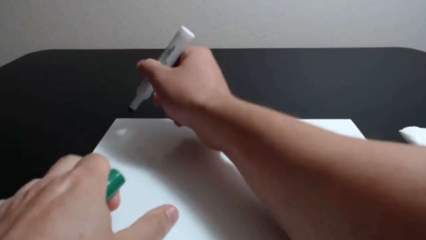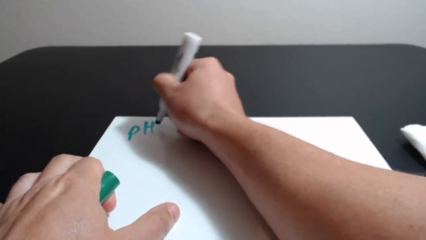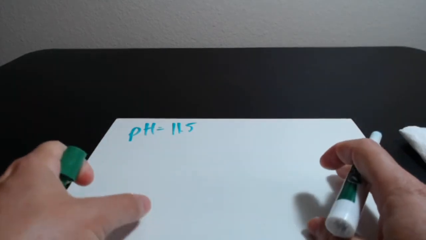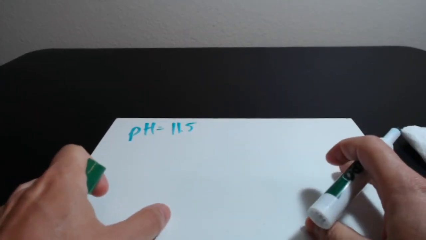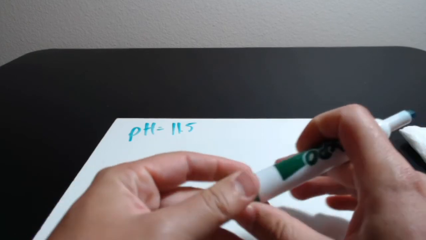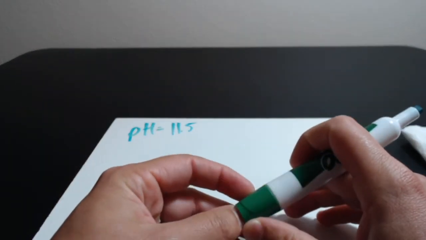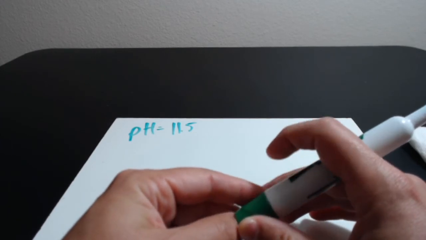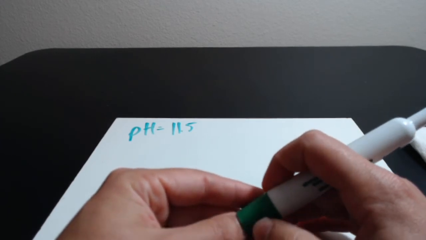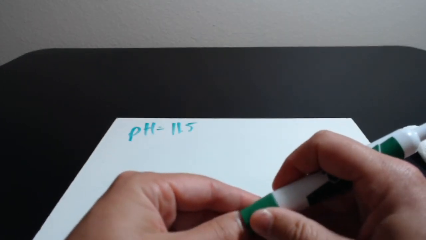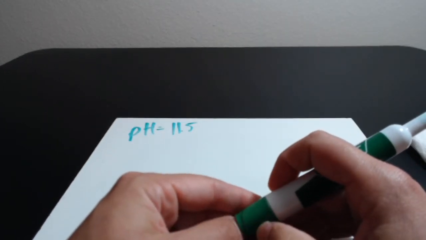pH is 11.5. Ultimately, we want to solve for the mass of a base, and sodium hydroxide is a strong base. So that should tell you that we don't need pH, we need pOH, because we can't solve for hydroxide concentration, or the concentration of base, without pOH.